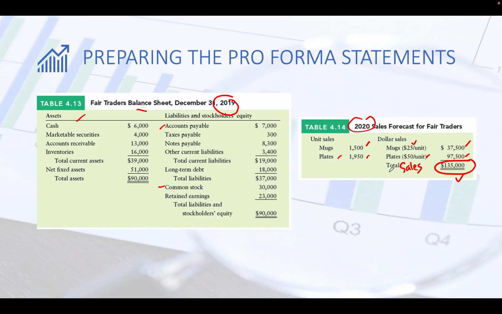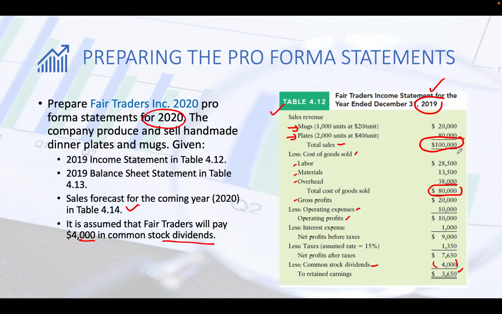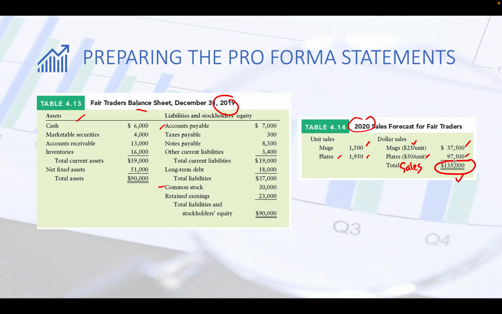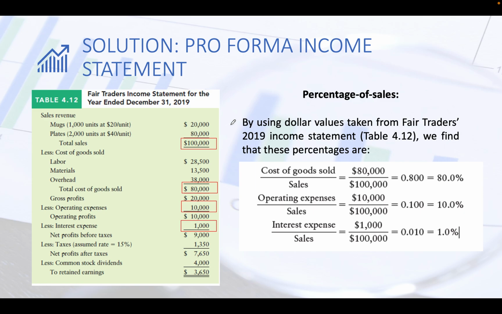So kita tahu bahawa dia punya kenaikan sales ni, kita nak kira lah berapa persen daripada yang asal ni. Daripada 100,000 tahun 2019 kepada 135,000 tahun 2020. Okay, so macam mana kita nak buatkan berdasarkan kepada percentage of sales?